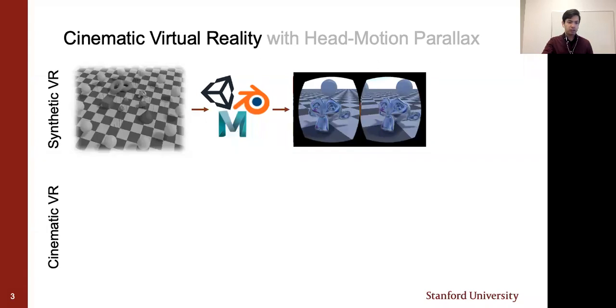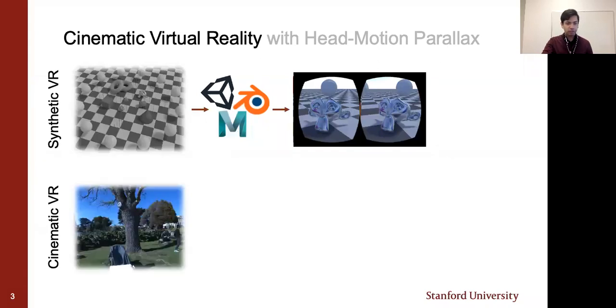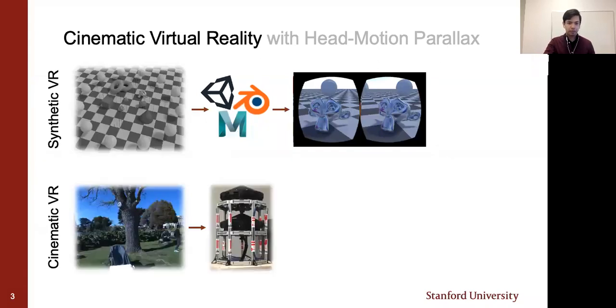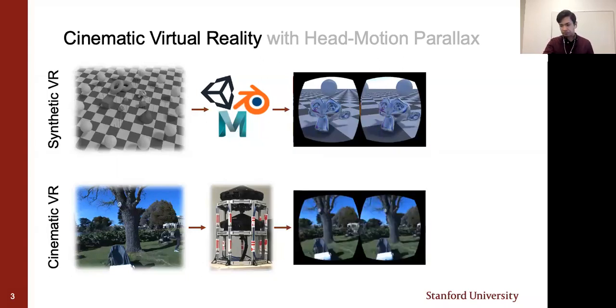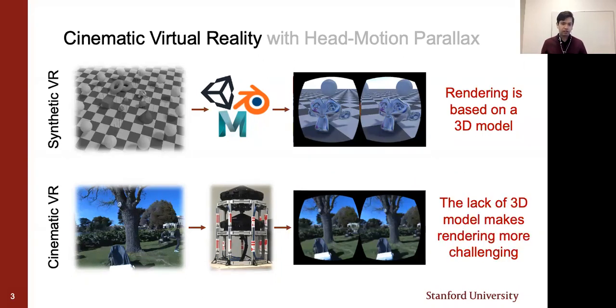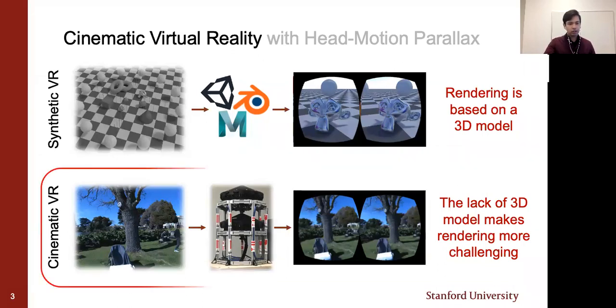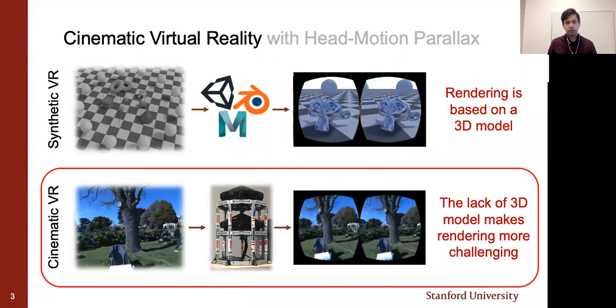As opposed to this, cinematic VR deals with real-world environments that must be captured by a camera system and then processed and rendered onto a head-mounted display. And the key difference between them is that rendering in synthetic VR happens based on an underlying computer-generated 3D model, whereas in cinematic VR, rendering is significantly more challenging since we don't have access to this underlying scene model. In my talk, I will focus on the cinematic side of VR.